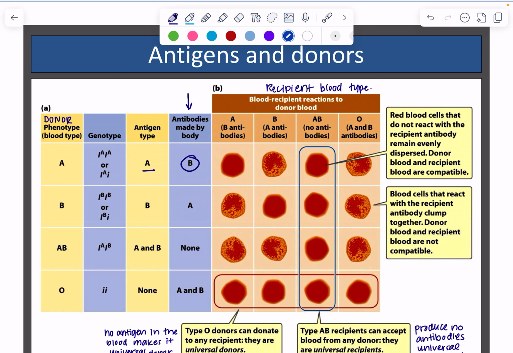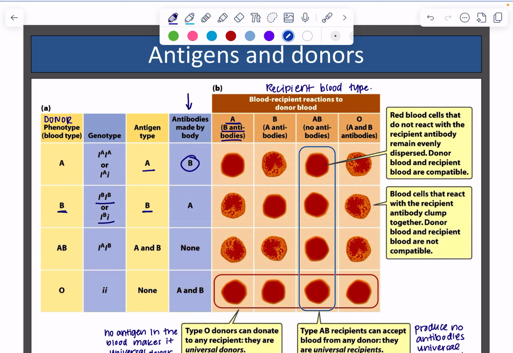So a person who has A blood has B antibodies, and B antibodies will kill off anything with B. So you have to give this person A blood or O blood. So let's look at another one. B has either double B or BI.